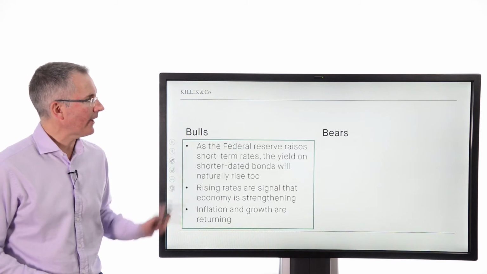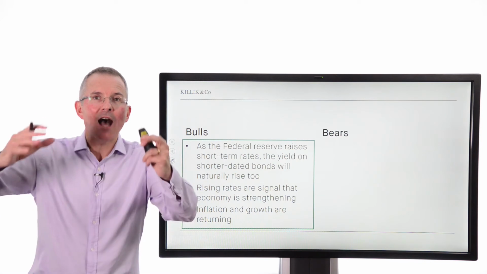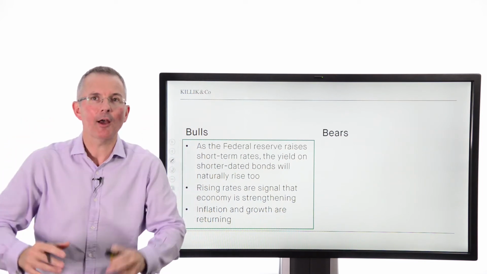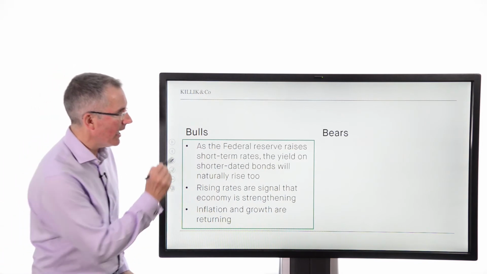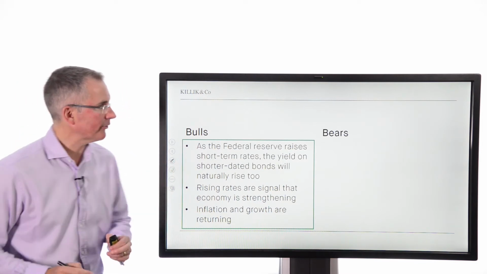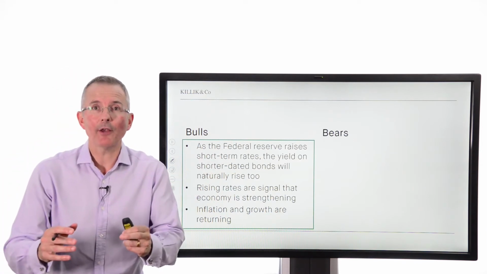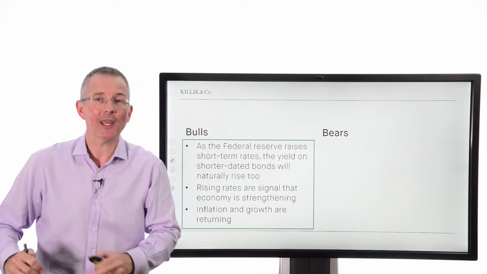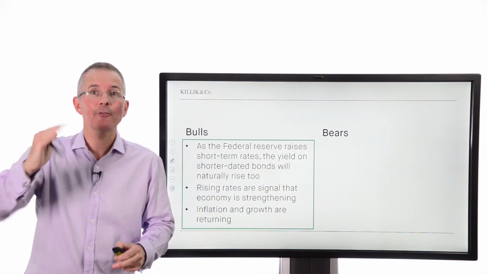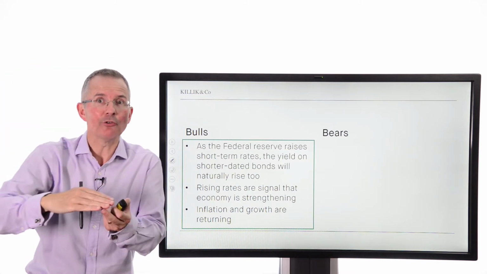Now, bulls would say no problem. There is no problem with a flat curve. If you look back historically, a US Treasury flat line has not always been associated with trouble. Why not? What could be happening now? Well, bulls will say, as the Federal Reserve raises short-term interest rates, which it has been doing, the yield on short-dated bonds will naturally rise too. Why? Because with fixed income securities, I cover this in my video called What are Fixed Income Securities, as interest rates rise, fixed income bond prices tend to fall, and that increases their yield.